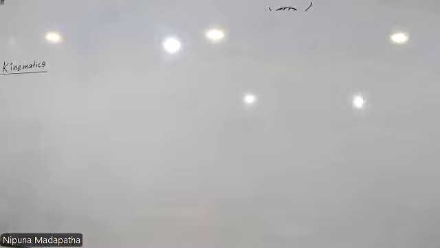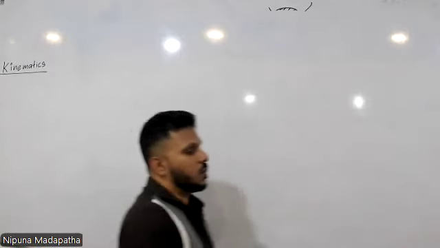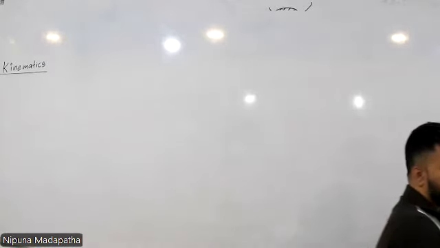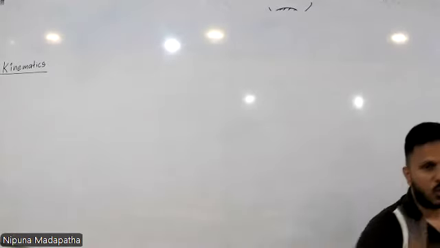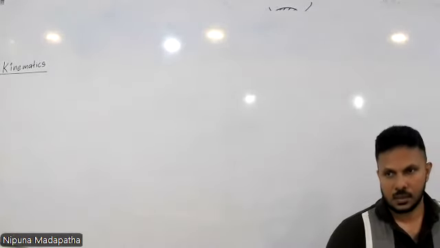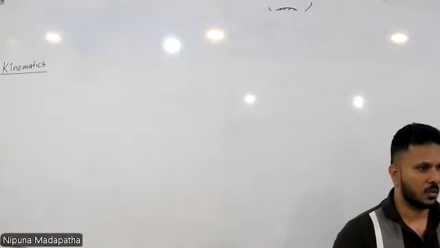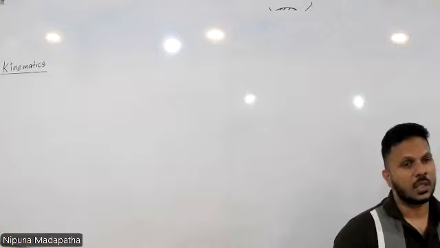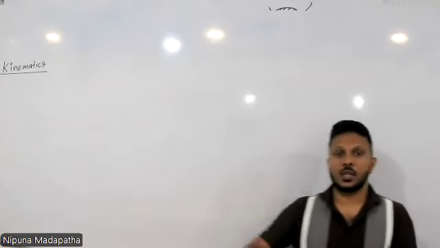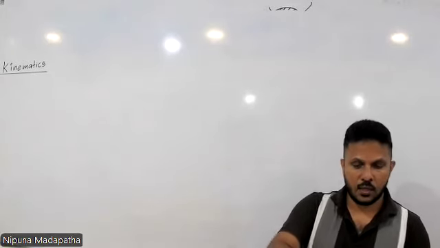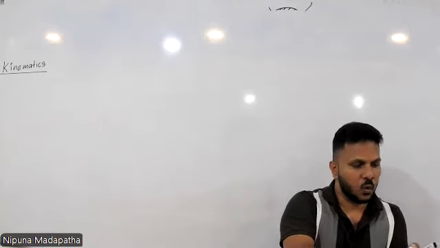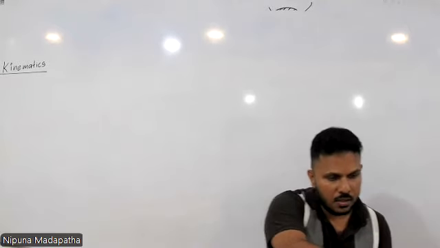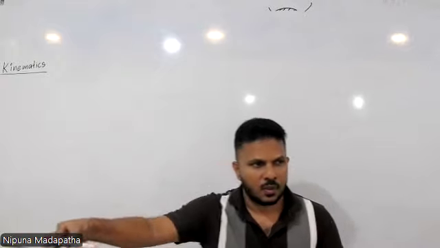Translation motion can also be divided into two parts. One is linear or rectilinear motion. The other one is curvilinear motion. You can move this body along a straight path like this.